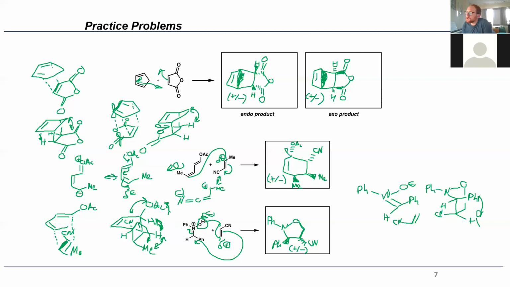So hydrogen is up and methyl group is up. And I see here that these two methyl groups are on the same face, and so both methyl groups must be up. Does that make sense? I look at the relative stereochemistry in my product that results from the transition state, and I just assign it all based on that.